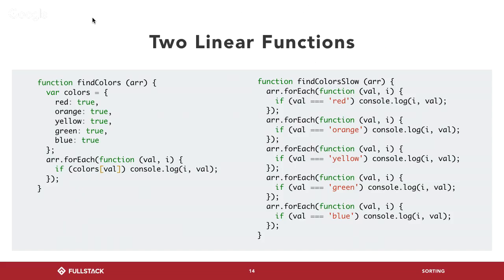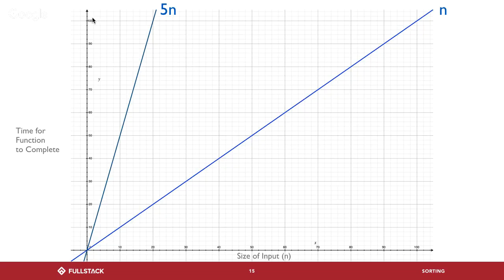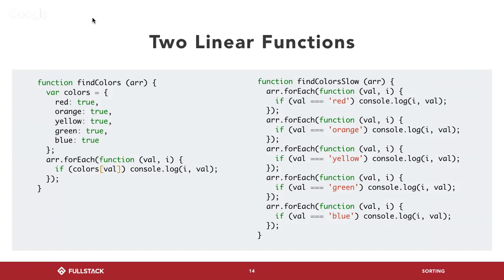If we were to graph this as n increases, you could make the case that our algorithm on the left is a lot more efficient than our algorithm on the right. We're doing a lot more looping on the right than on the left.